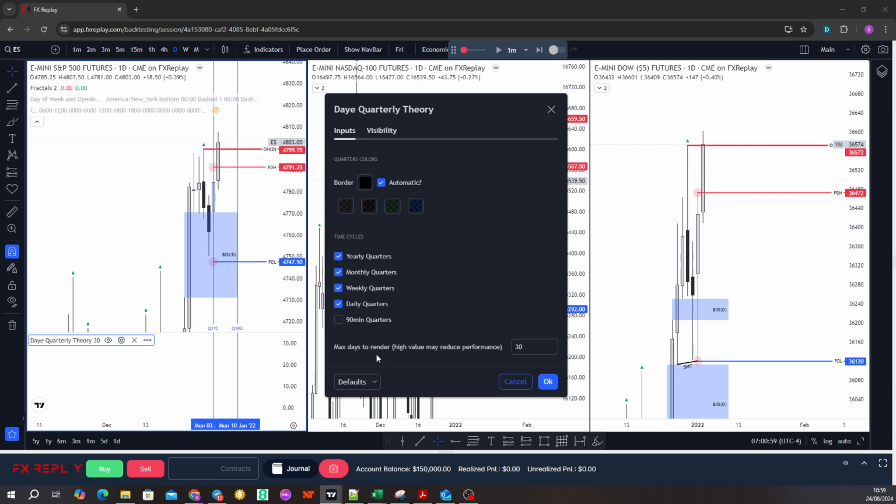Oh, max days to render. Ah, does it only show? Let's just put that as 120. Let's see what happens.